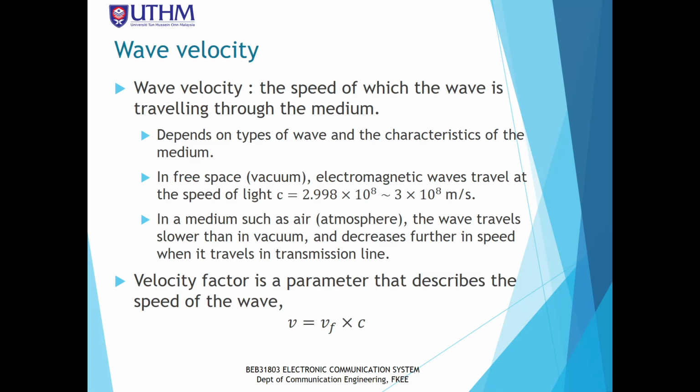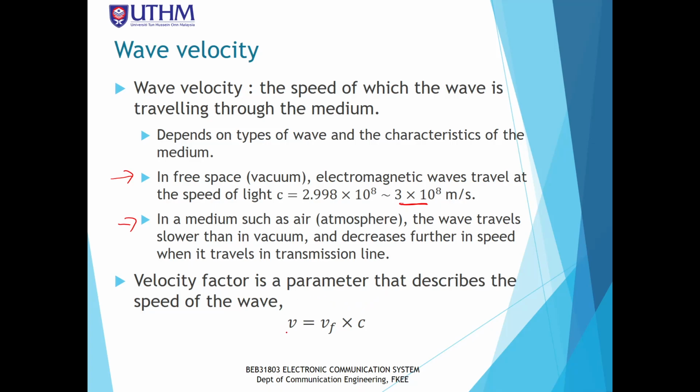And wave velocity, the speed of the wave. The speed of the wave depends on the type of medium. In free space or in a vacuum, the electromagnetic wave travels at the speed of light, which is 2.998 times 10 to the power of 8, or we normally use 3 times 10 to the power of 8 for the speed of light. But if the medium is non-vacuum, the wave will travel a little bit slower compared to the speed of light.